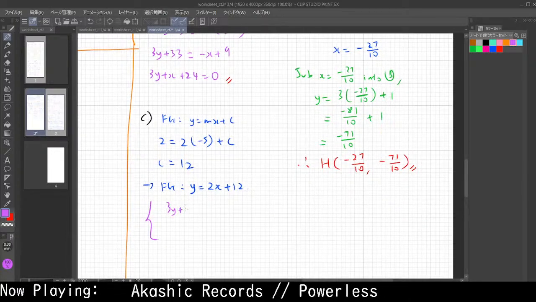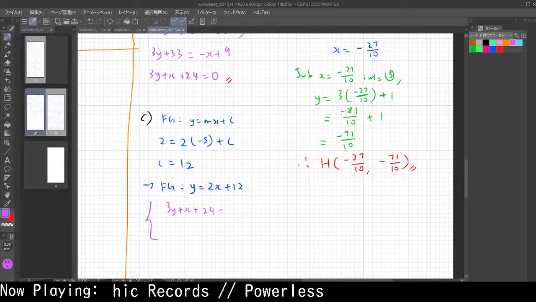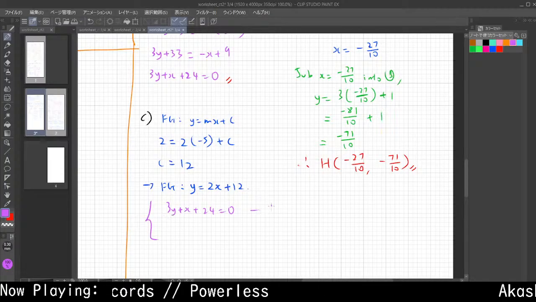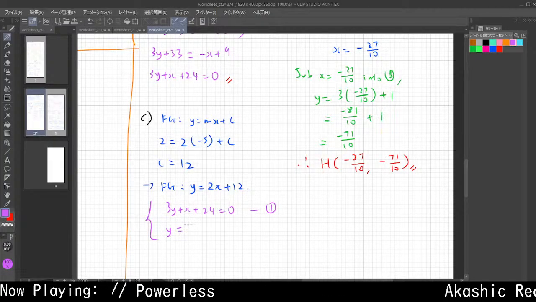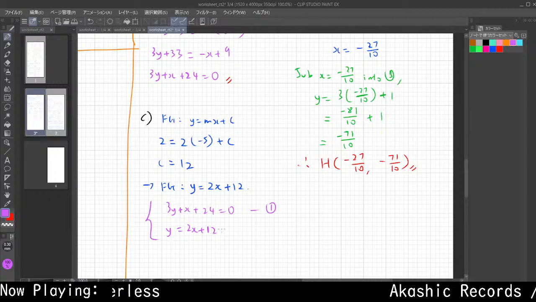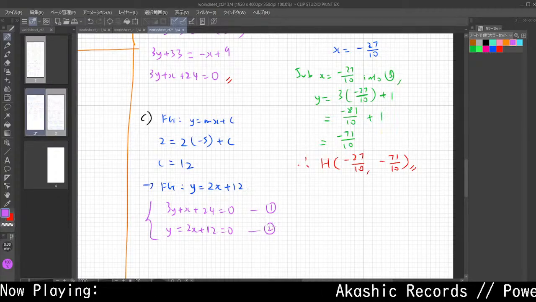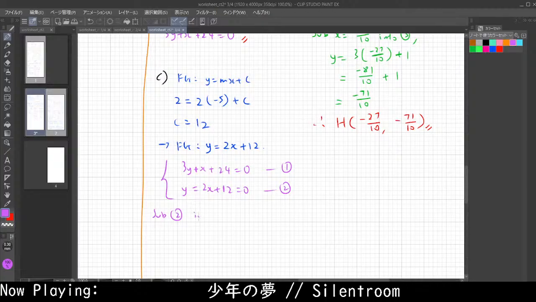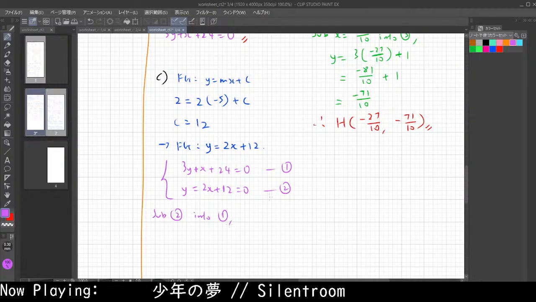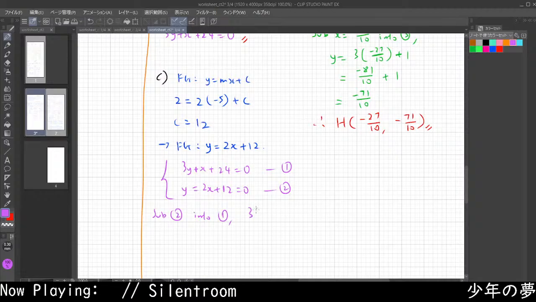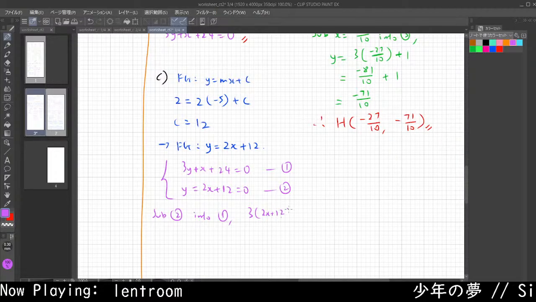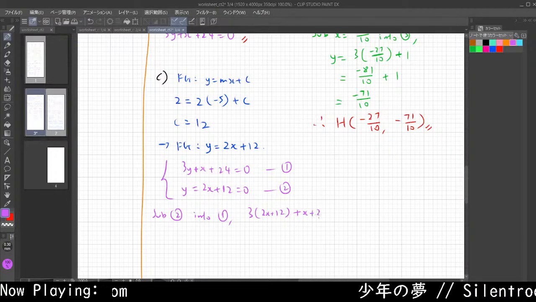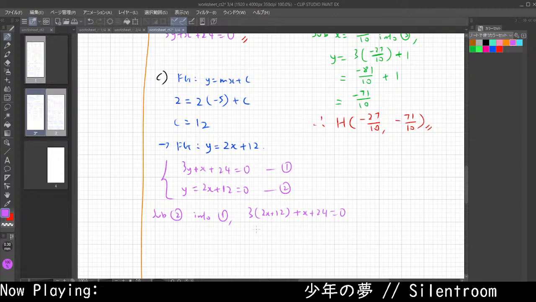So 3y plus x plus 24 equals 0, equation 1, y equals 2x plus 12, equation 2. So I can just sub 2 into 1. So I get 3 bracket 2x plus 12, plus x plus 24 equals 0.